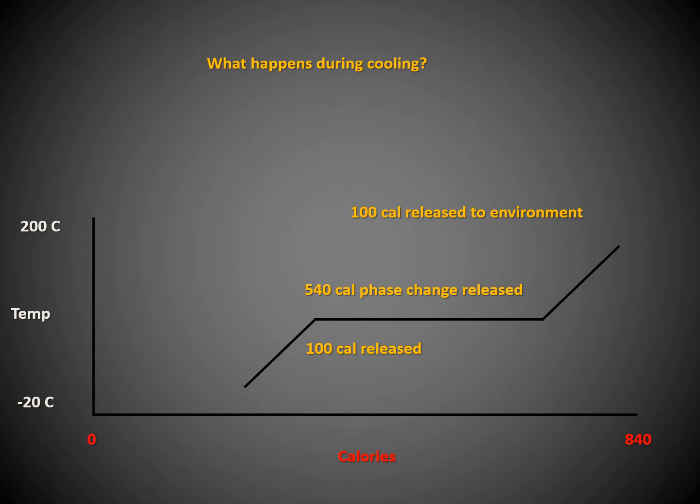When you form bonds, that releases energy into the environment. In this case, it's going to release 80 calories. Now you have ice at 0 degrees, and if you want to cool off ice, you just have to get rid of a calorie for every degree, for every gram that you want to drop it. So if you have a gram, want to drop it 20 degrees, you have to get rid of 20 calories.